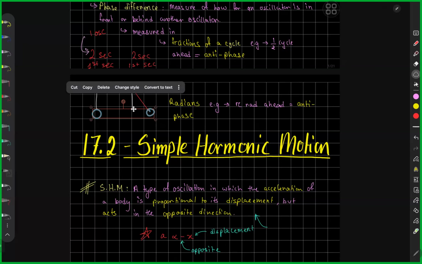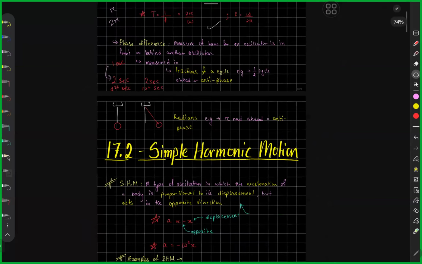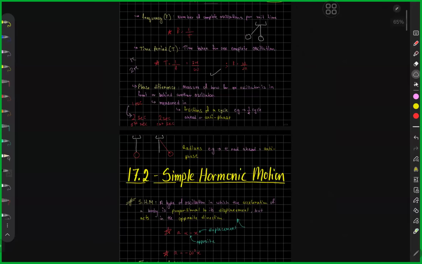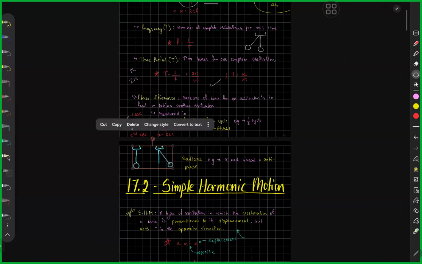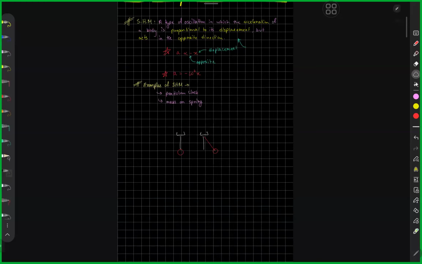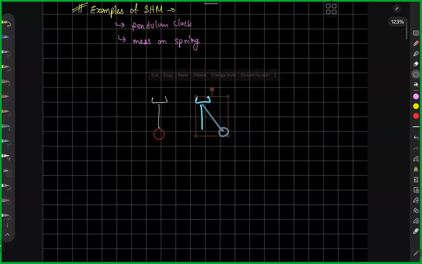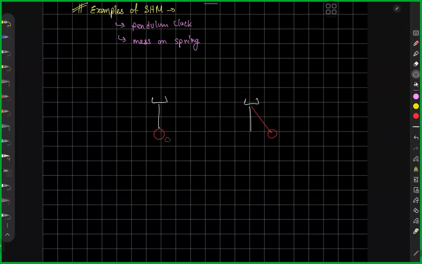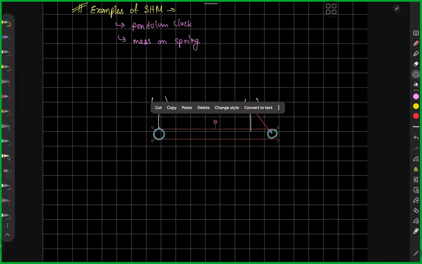Do I have more space somewhere? Yeah, I do. Perfect. Now tell me what the phase difference is, and I'll complete one oscillation for the bobs.